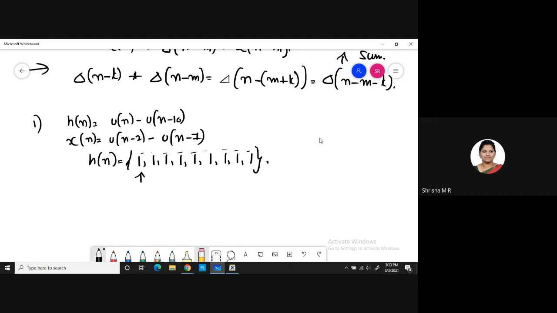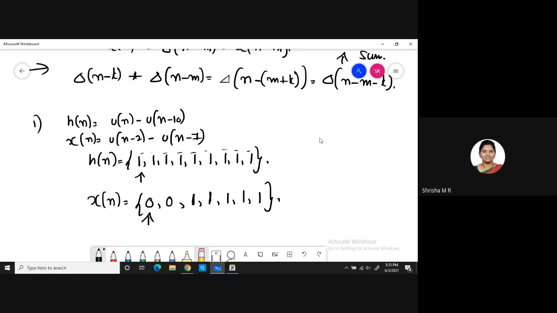And x of n will be existing from 2 to 6. So from 0 I told you to take 0, 0, 1 at n is equal to 2, 3, 4, 5, 6. So this is your origin. So what did you get?